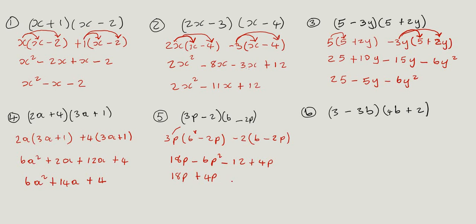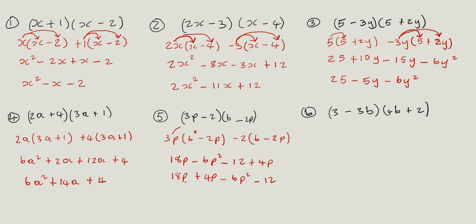And then we're just going to write back the others, which is our minus 6p squared and minus 12. Now note 18p plus 4p can be combined to give us one term.